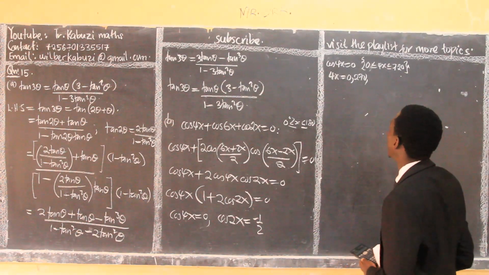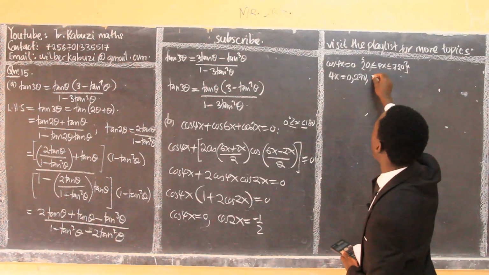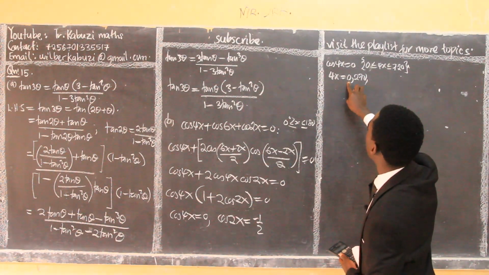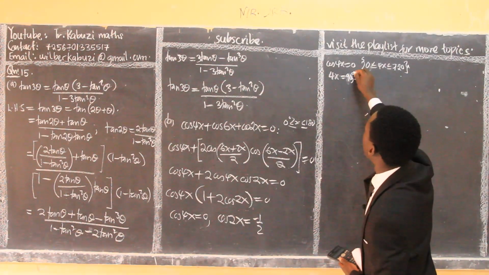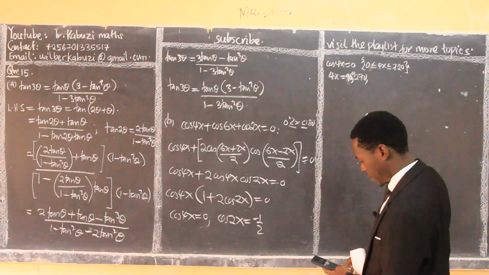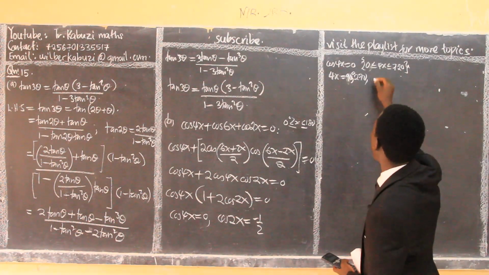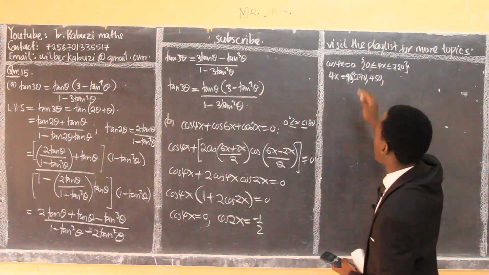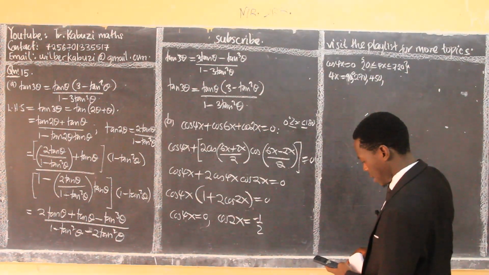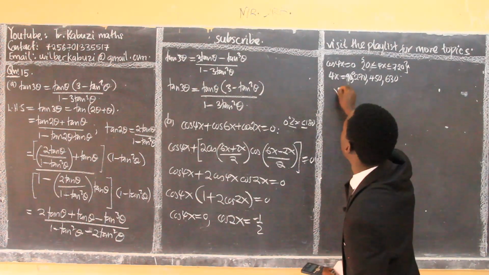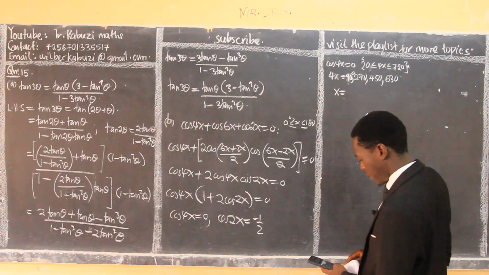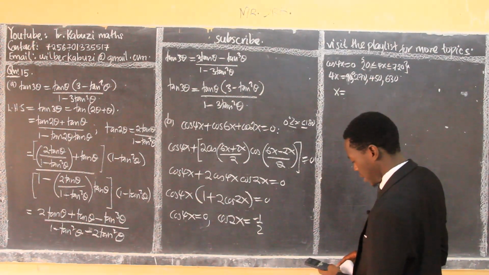Add 360 and I have 450. Add 360 again, I have 630. So my x, first of all, I'm going to divide by 4 throughout.